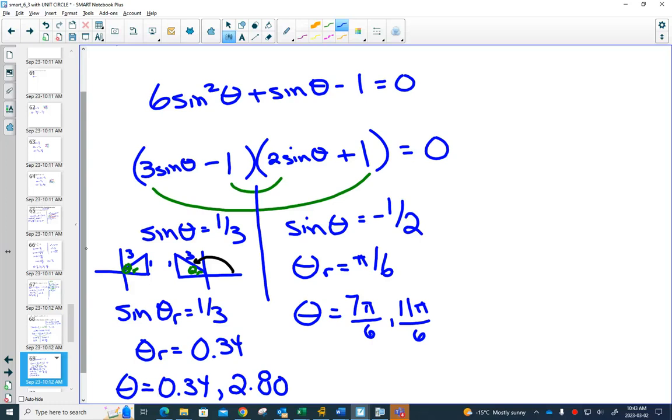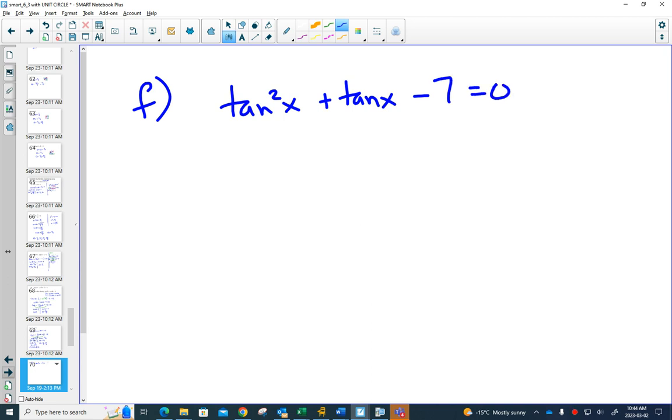I am going to give you one more, because we haven't done one with the quadratic formula yet. We'll do one question that involves a quadratic formula.